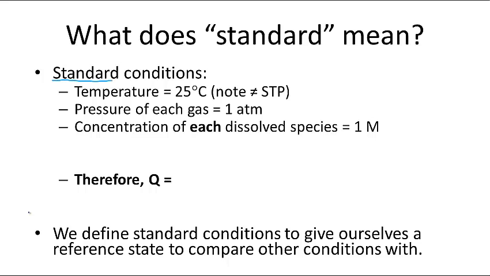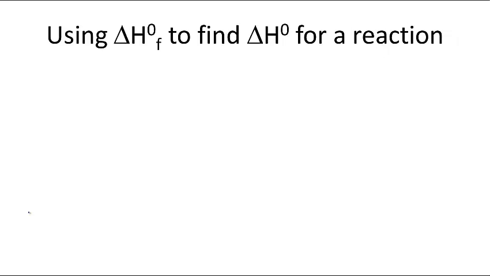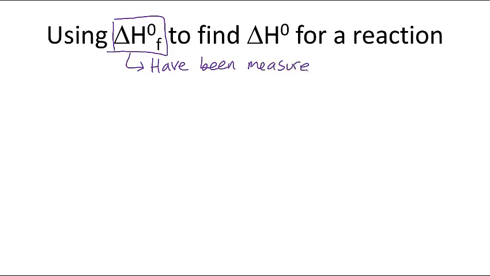We can use it then to find delta H for a reaction. So I'm going to skip ahead a little bit and then come back. These values have been measured and tabulated for many, many substances.